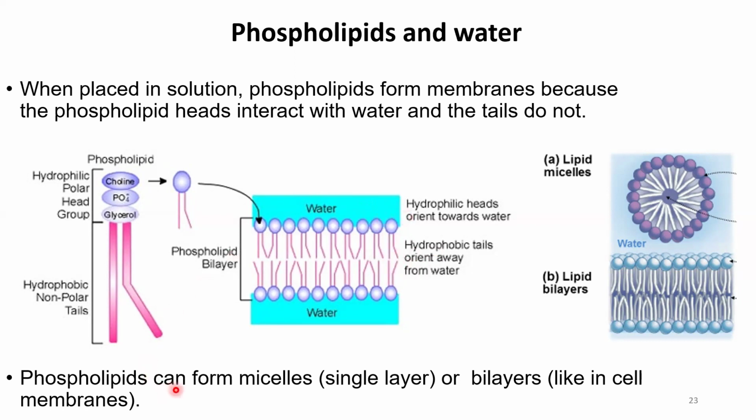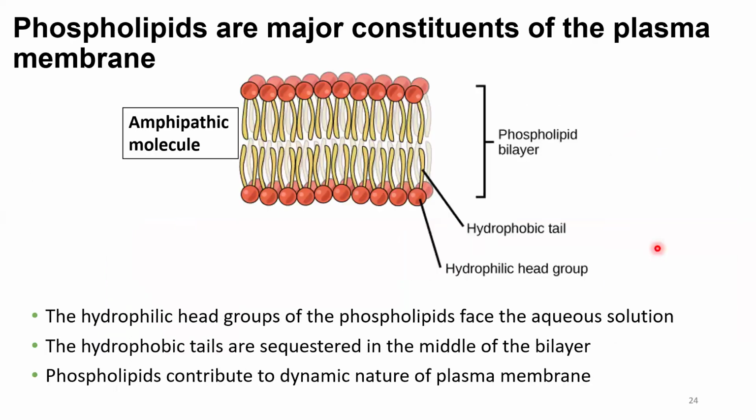So basically phospholipids can form a micelle like this, or they can form a lipid bilayer where they are on top of each other. The hydrophobic tails want to be close to each other, avoiding any water in their surroundings.